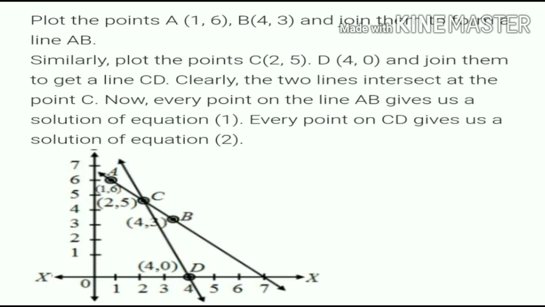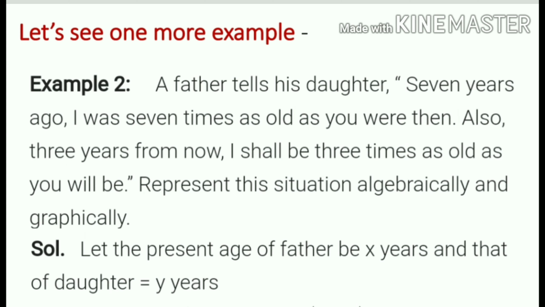So AB and CD, and similarly plot all the points we have and join them. Now every point on the line AB gives us a solution of equation 1, and every point on the line CD gives us a solution of equation 2. It means those lines pass through many points, and those all are solutions of the equations.